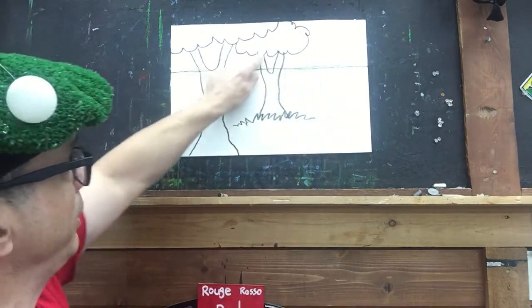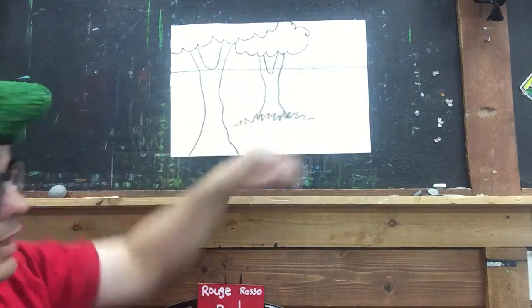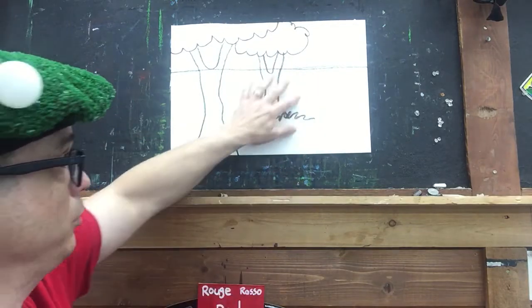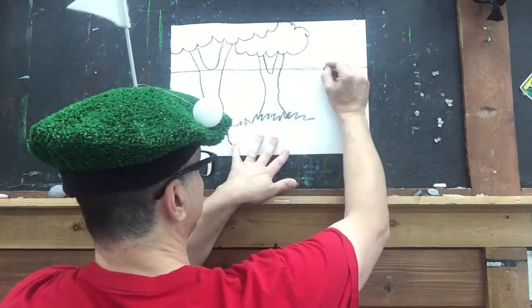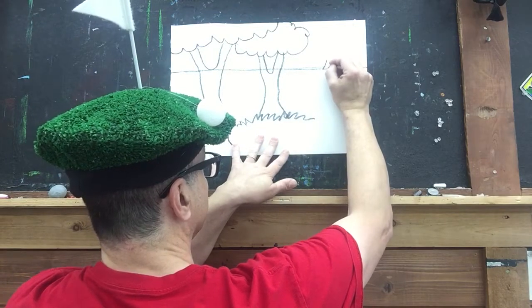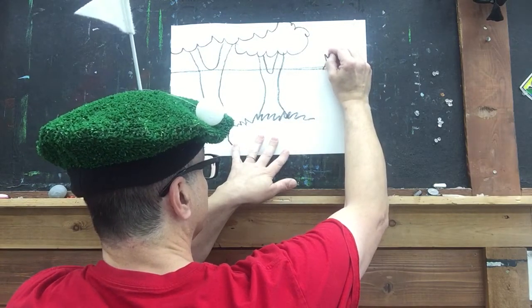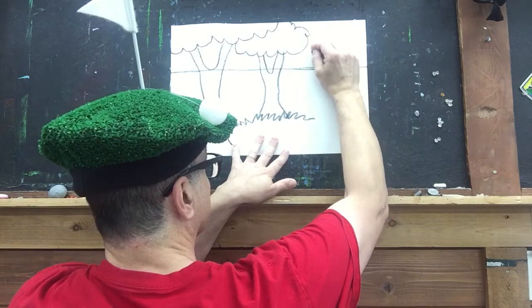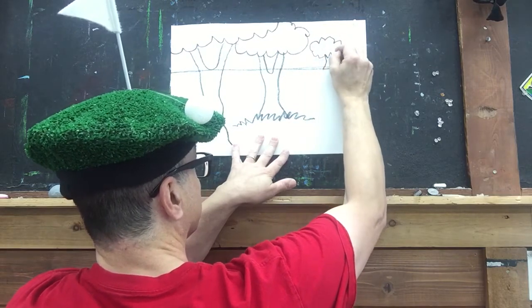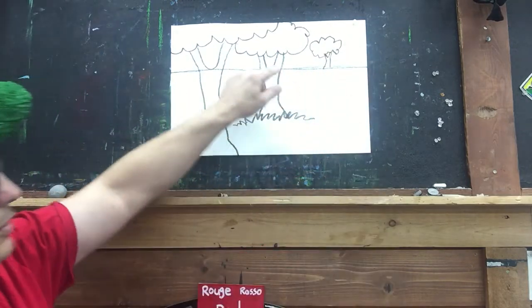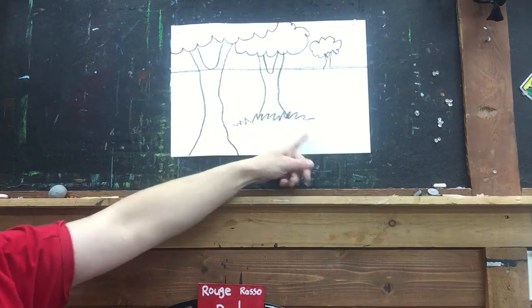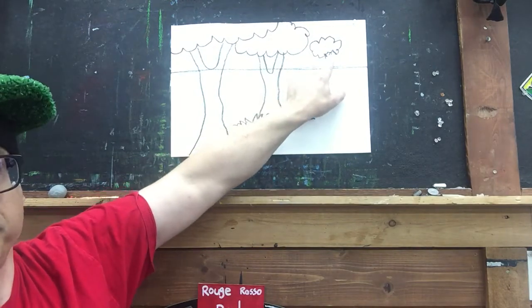That's just a bumpy line there, a zigzag line, right? The tree way in the background, I'm going to sit on the horizon line. Now you can definitely see the close one and the one that's the farthest away.